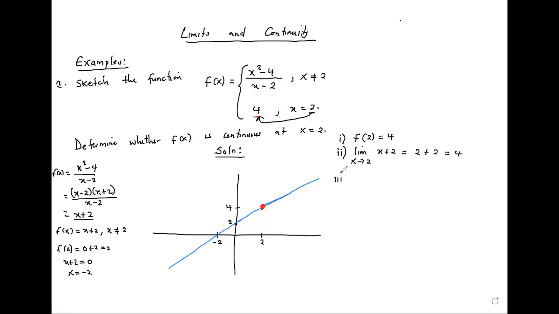And then part 3, you're comparing if the answers we got. In 2 we got 4, which is the same thing that we got in part 1. Hence, f of x is continuous at x is equal to 2.